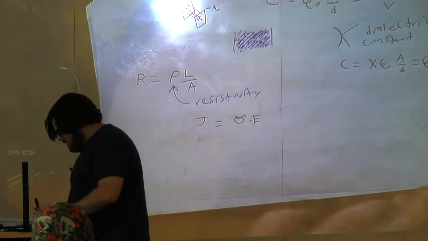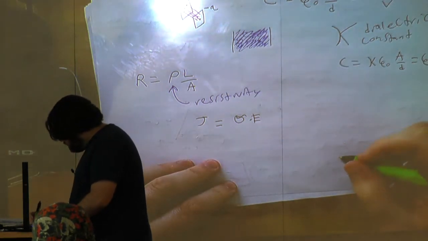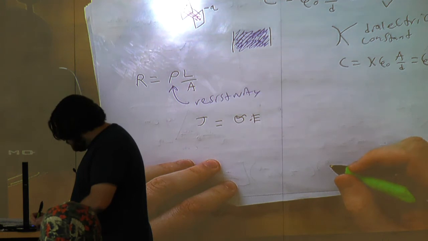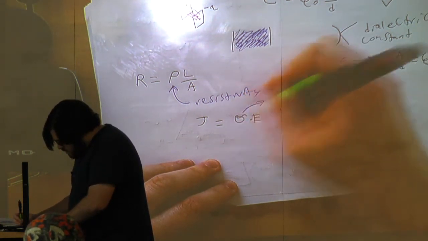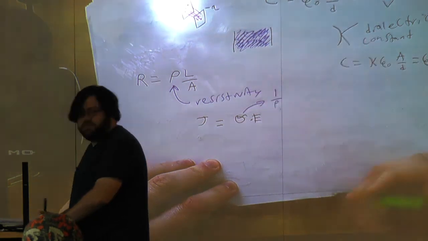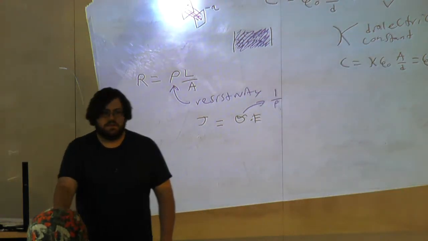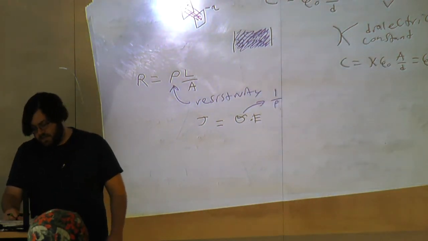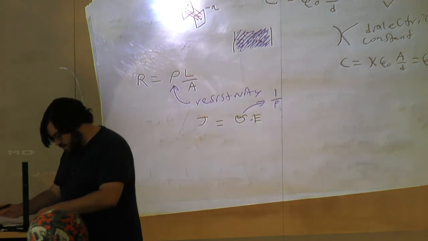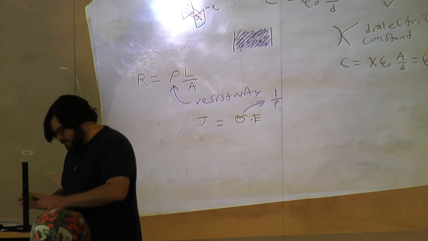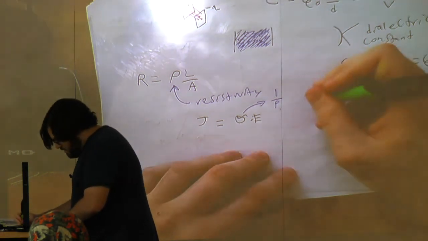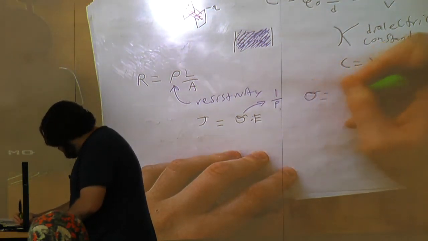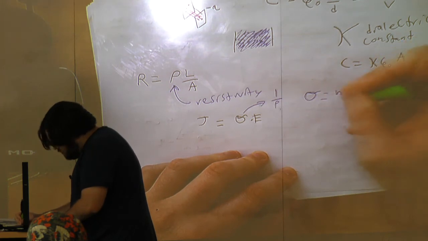Sigma is the conductivity, which is actually just 1 over resistivity. Okay? So again, not that complicated. Current density. And from this equation, we have this.